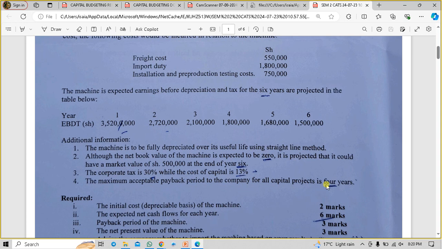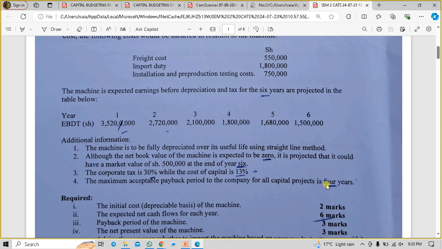That means we will be able to import that new machine using payback, because our answer is 3.8 years, which is below 4 years. So using payback period, we accept the new machine.